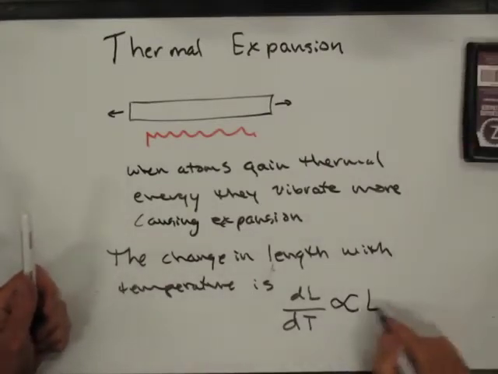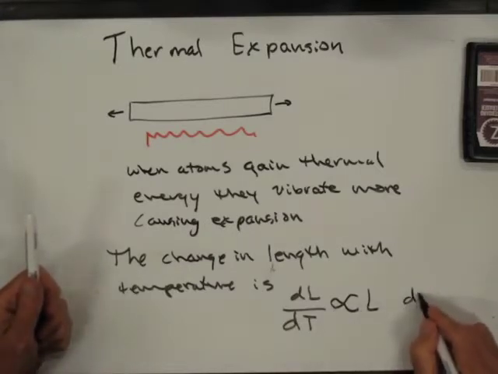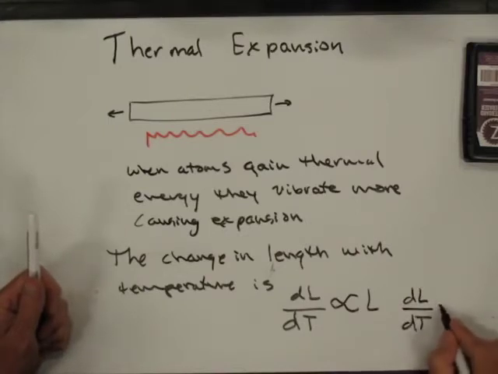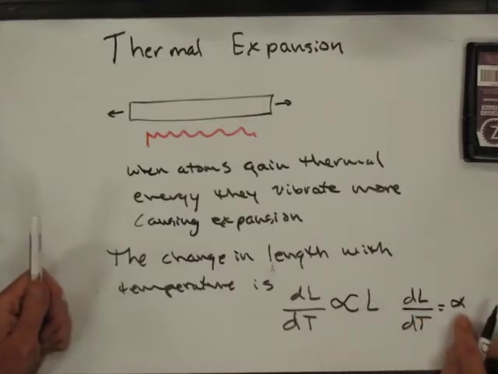And so you can always change a proportionality into an equal sign by just inserting a constant. So we write it this way. The change in length of an object with respect to temperature is equal to alpha L. That's a Greek letter alpha, not the proportional sign from math, so don't get those mixed up.